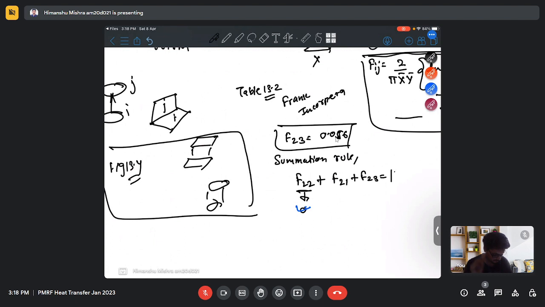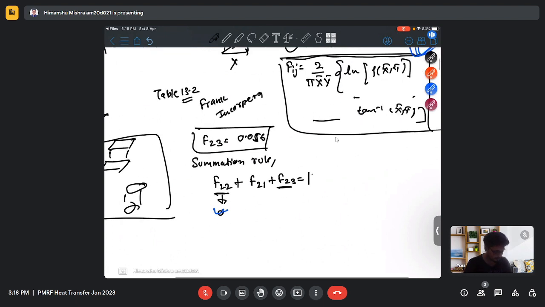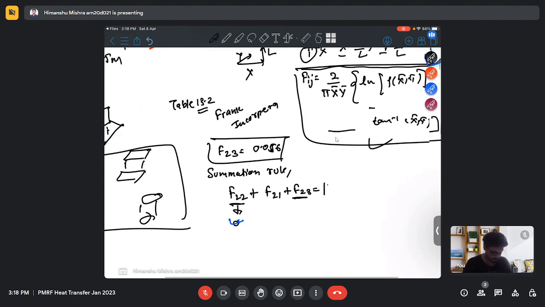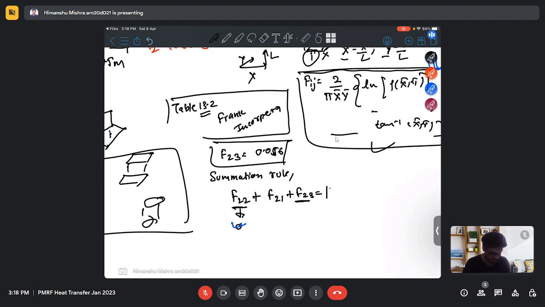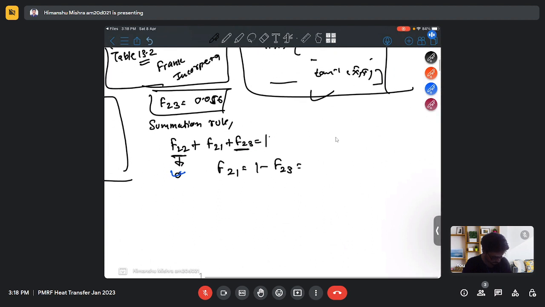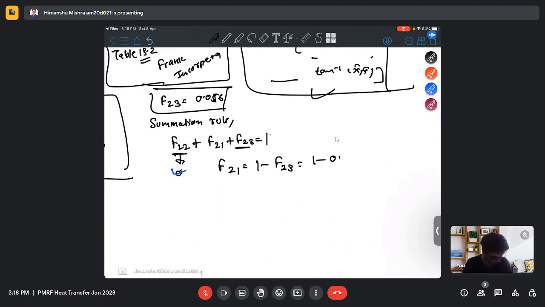And we already found the shape factor F23 by using this empirical correlation that you can find in any book. So here I have given the table location in the Frank and Kreith book. So the shape factor F21 will be 1 minus F23, which is 1 minus 0.056.